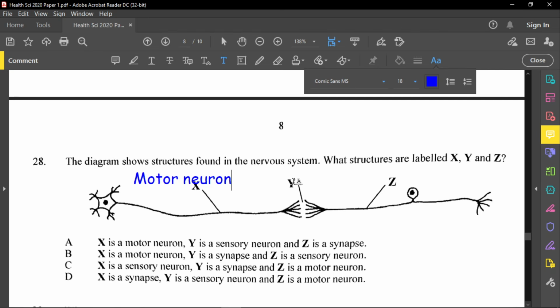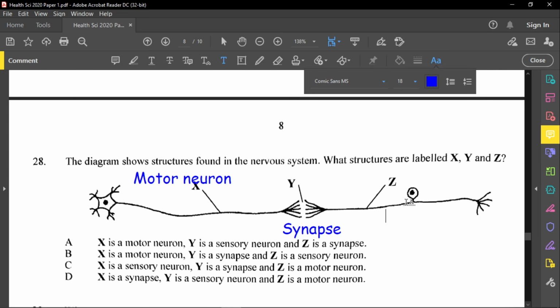Now, structure Y is between two neurons or two nerve cells, and that is called a synapse. A synapse is where two neurons meet. So this is the synapse. And Z will be a sensory neuron. Why sensory neuron? Because the cell body is at the side. So please remember, side for sensory.